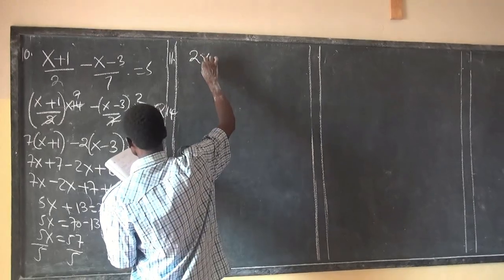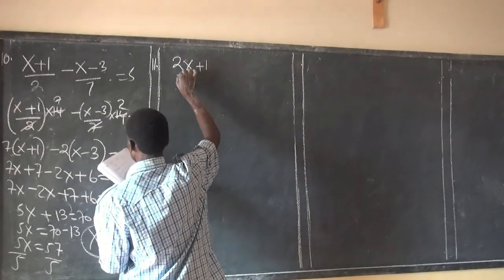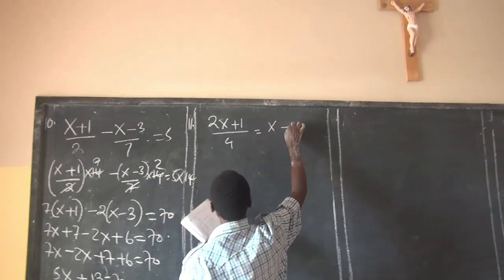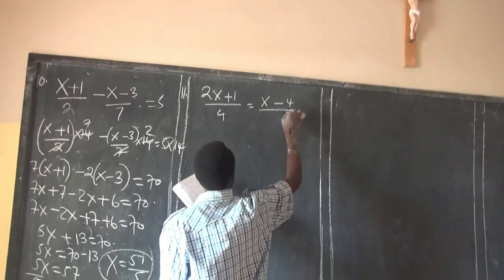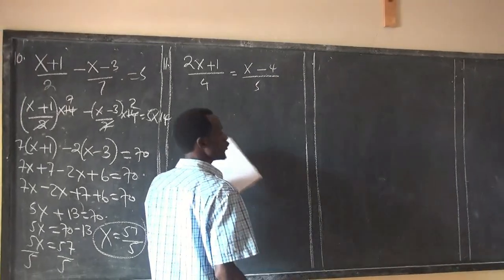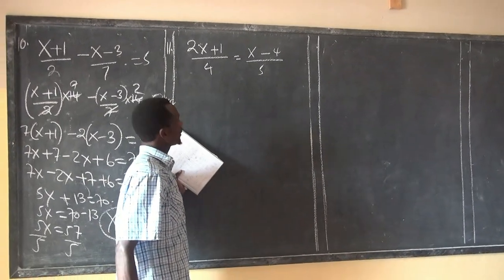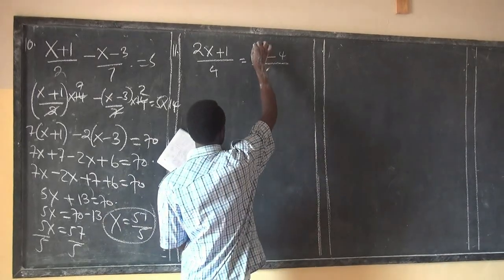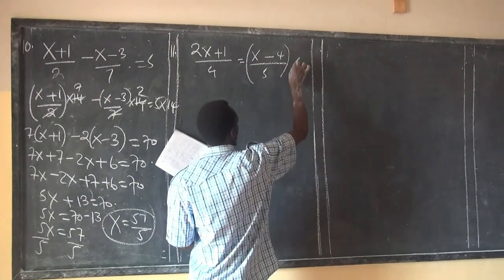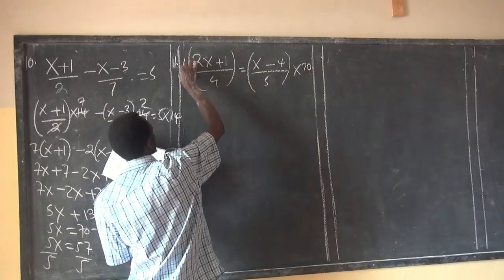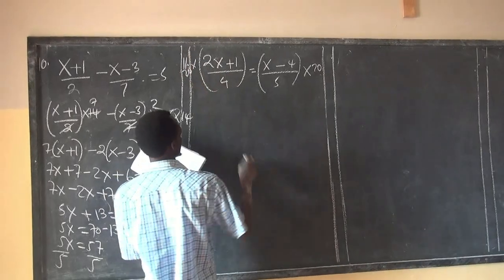Now 11. It is 2x plus 1 over 4 is equal to x minus 4 over 5. Here you can either do cross multiplication or find the LCM of 5 and 4. By finding the LCM of 5 and 4 you get 20. Then you multiply by 20 both sides.